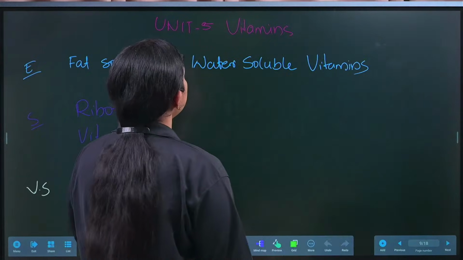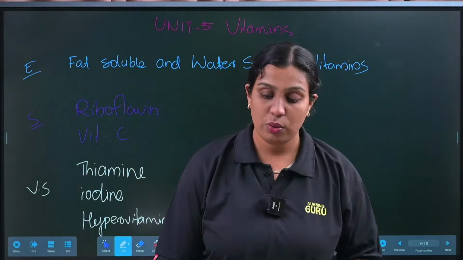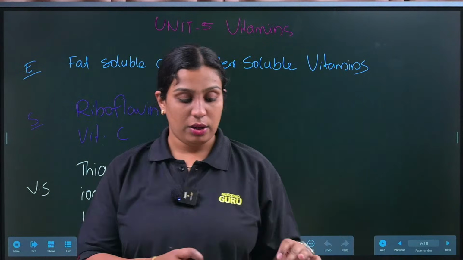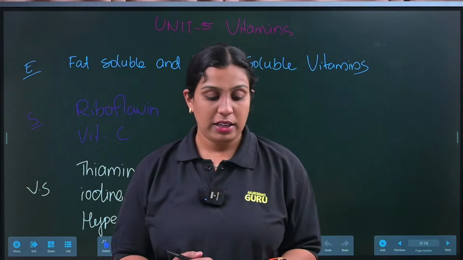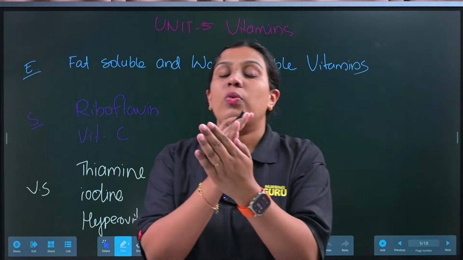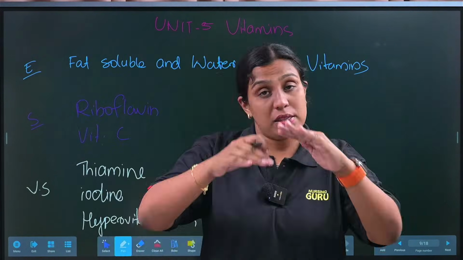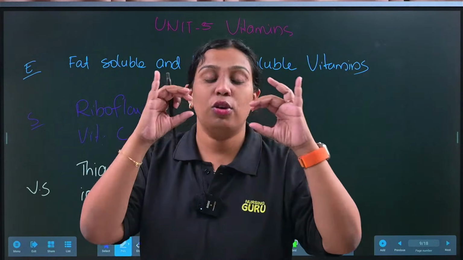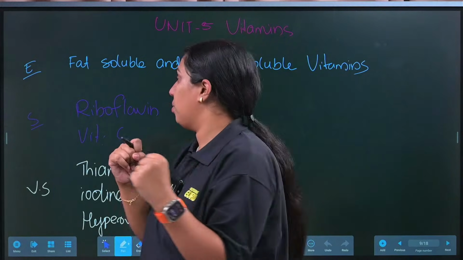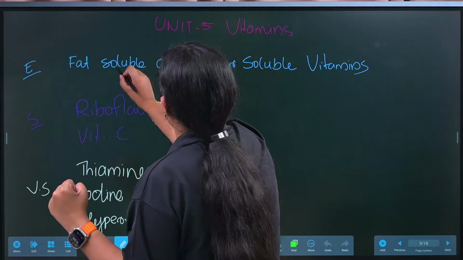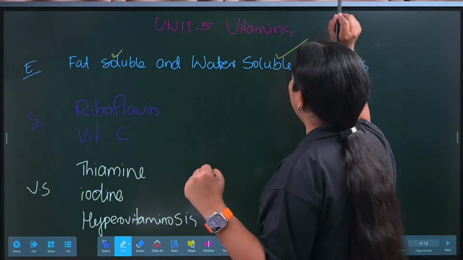Next is unit 5, vitamin. What are the things we are learning in that unit? Here we are dividing vitamins into 2 types: fat soluble vitamins and water soluble vitamins.